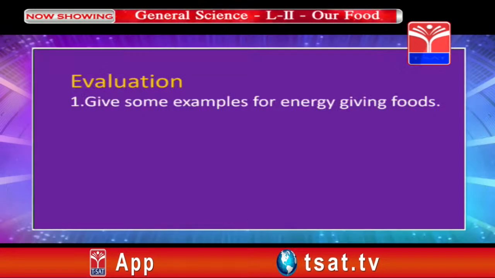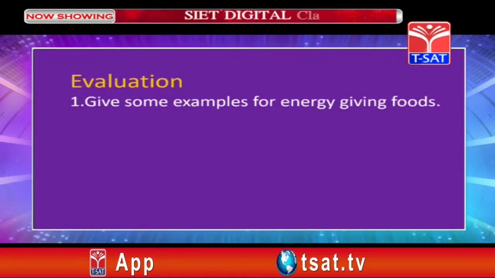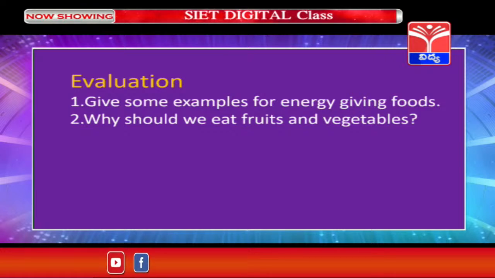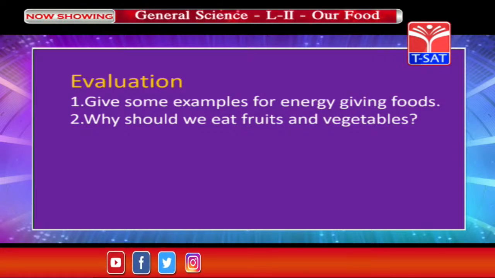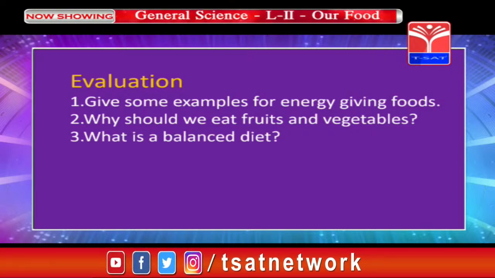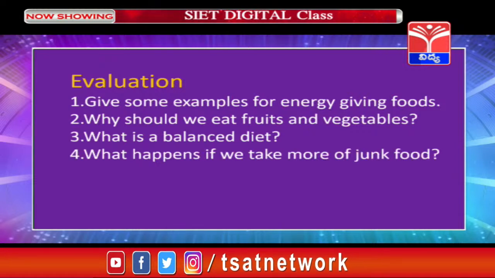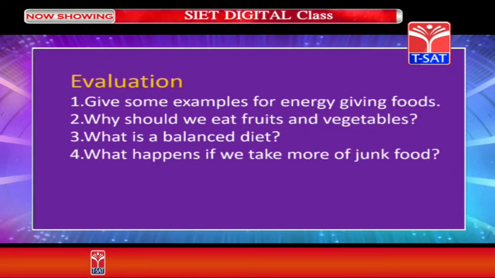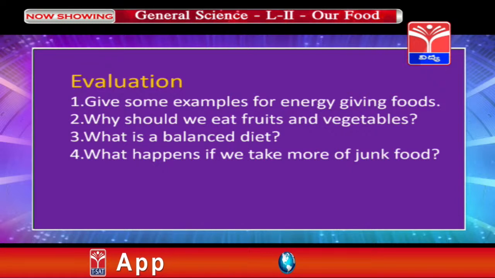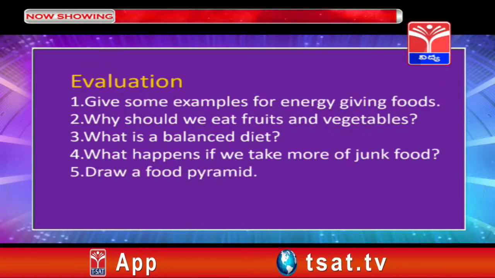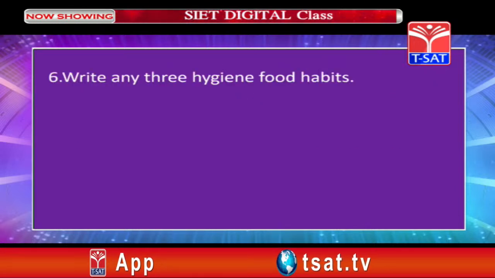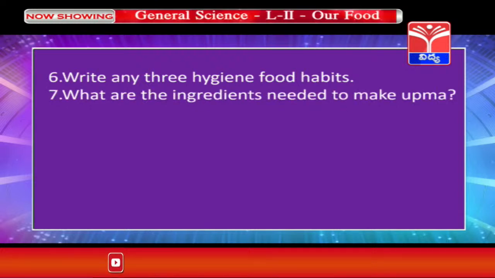1. Give some examples for energy giving foods. Why should we eat fruits and vegetables? What is a balanced diet? What happens if we take more of junk food? Draw a food pyramid. Write any 3 hygiene food habits.